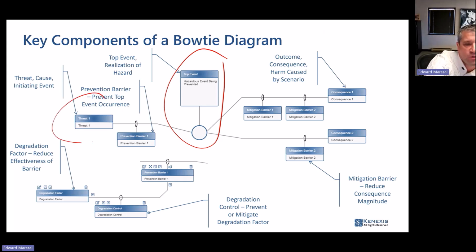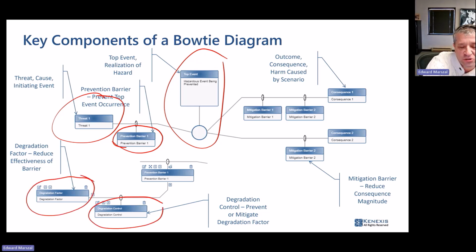Our causes or threats on the left-hand side, there can be many of them. And on the left-hand side, there are preventive barriers that are on a threat-by-threat basis. Barriers can have degradation factors and degradation controls. So things that make the barrier fail, and how do we manage that barrier to ensure that it doesn't fail, or if it does fail, it's repaired very quickly.